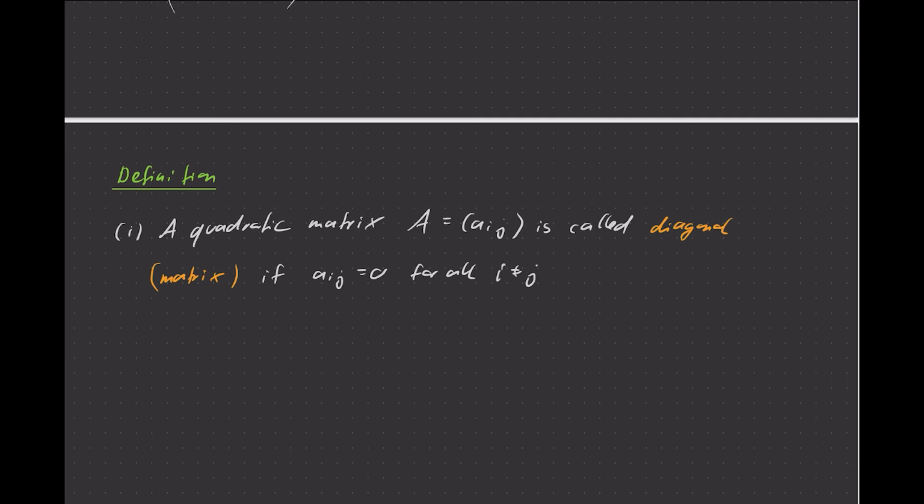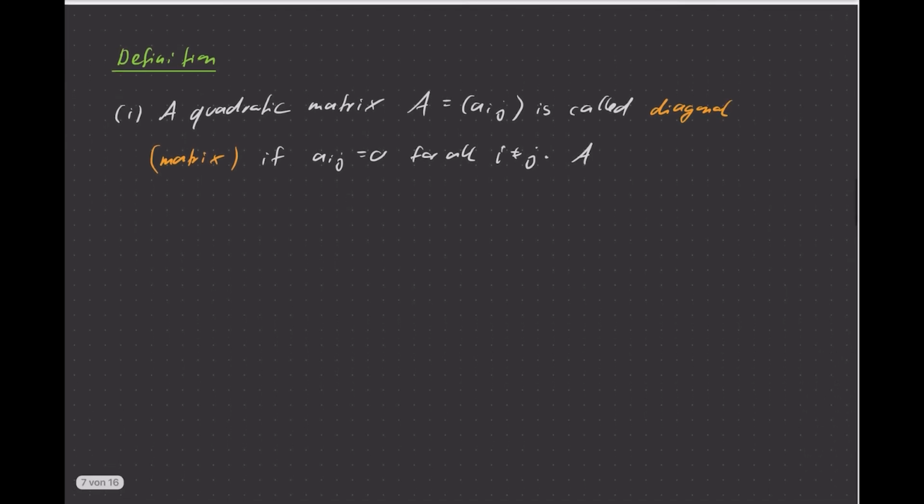So the entries on the diagonal are exactly the ones where i and j are equal, have the same value. Those can take on any value, all the others need to be 0. That's the definition here. So Aij equals 0 for all i not equal to j.